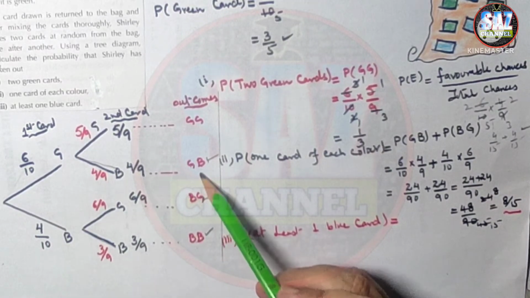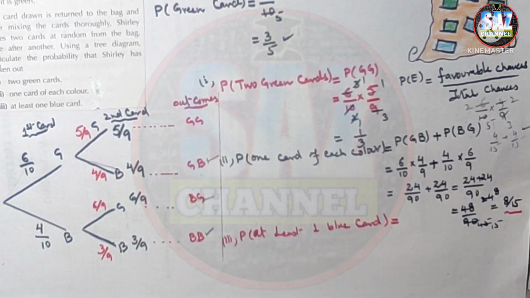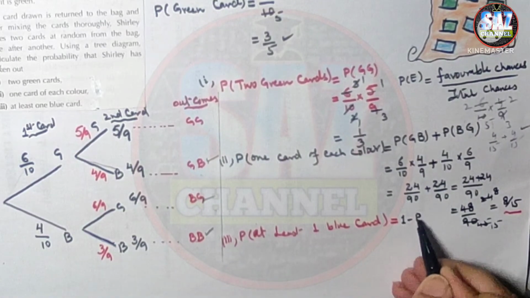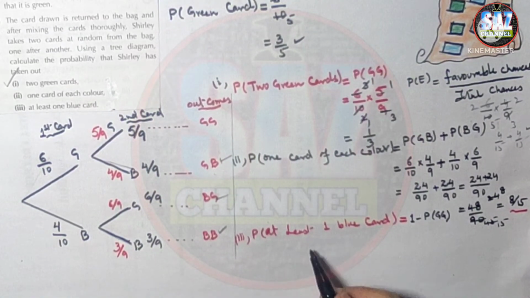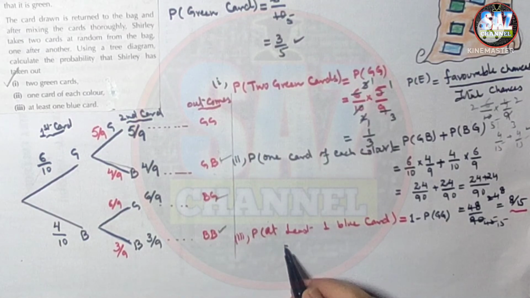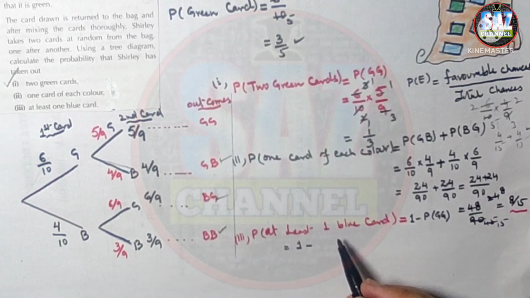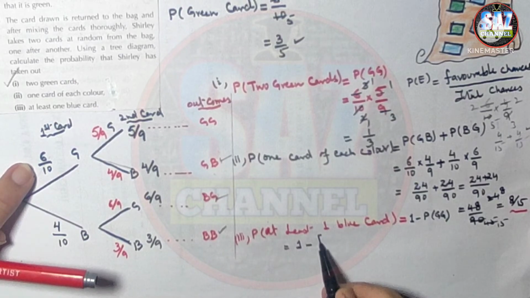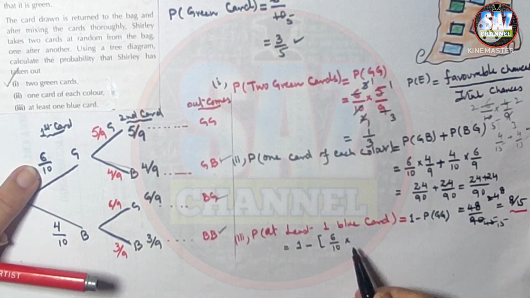Other way is that we can use the concept of complementary events, that 1 minus probability of green green. At least means that number and more than that. So for the calculation purpose, what I will be doing, 1 minus probability of green green. If we look at the tree diagram, the chances of green green are 6 by 10 multiplied by 5 by 9.